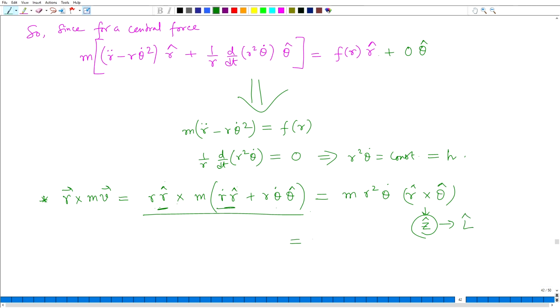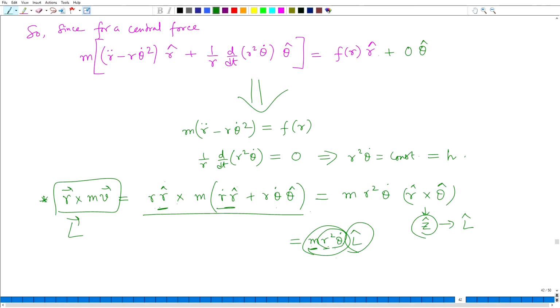So, I just write this is equal to m r square theta dot L cap, and this is the L cap direction without any surprise, because this is the L vector, and in m r square theta dot, m is constant. So, it actually says r square theta dot is nothing but a constant, because angular momentum is a constant vector in a motion under central force. So, its magnitude is conserved. So, that is why r square theta dot is conserved.